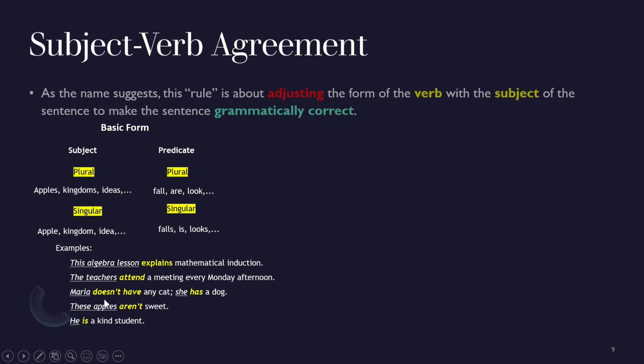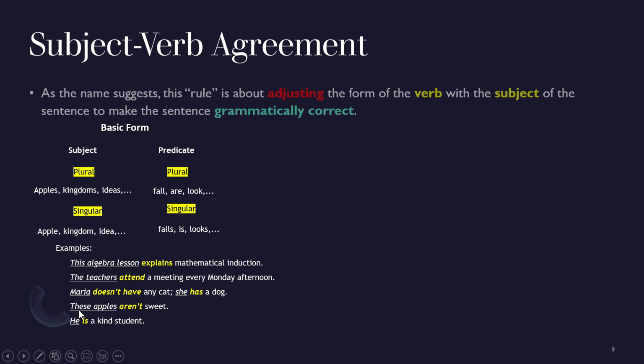Maria doesn't have any cat. She has a dog. Okay, I'm sure that you know why the first verb is changed into the singular, but the other verb is in the simple form.